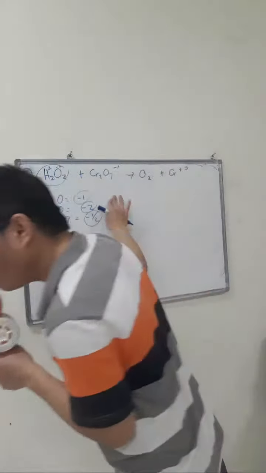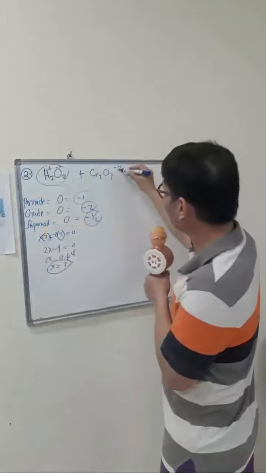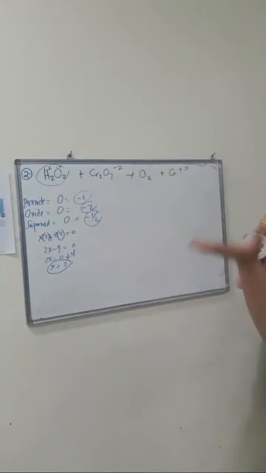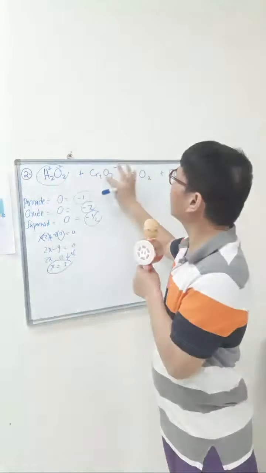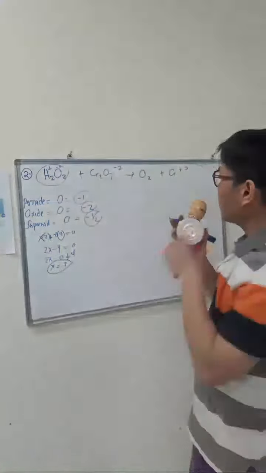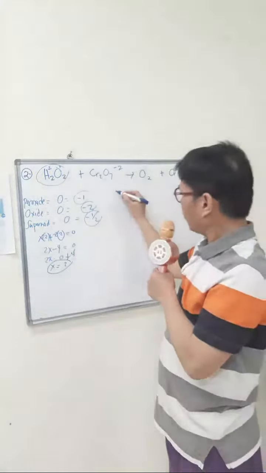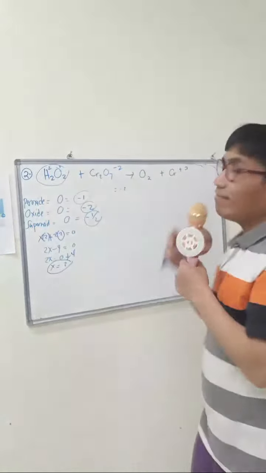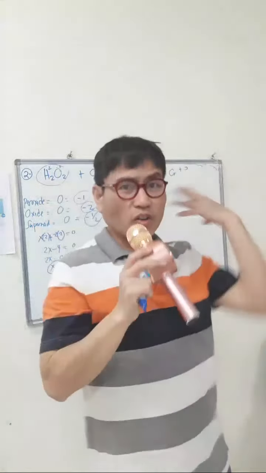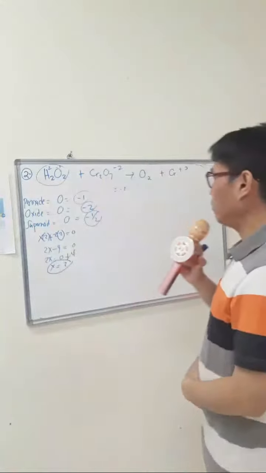Dichromate is negative 2, sorry. Dichromate is a polyatomic anion with oxygen, so the overall charge is negative 2. Let X be the oxidation number of chromium.